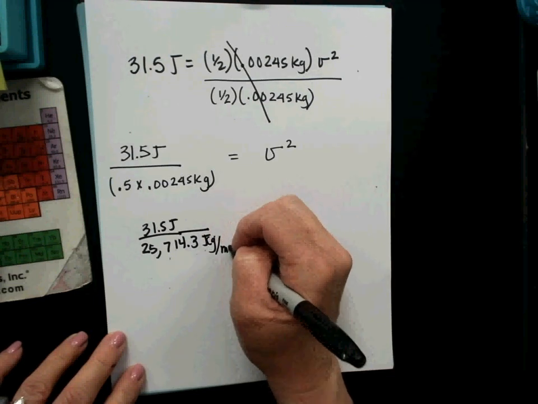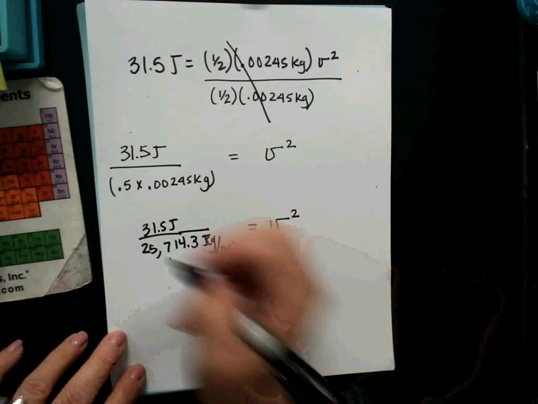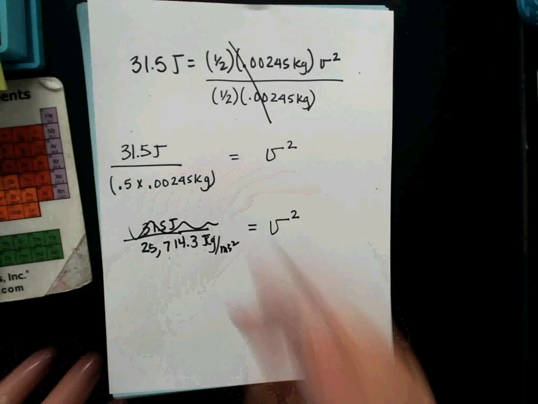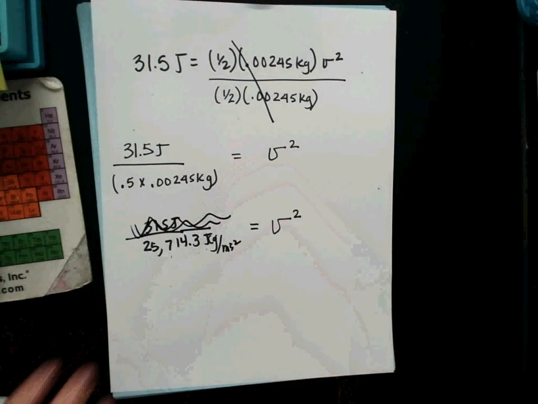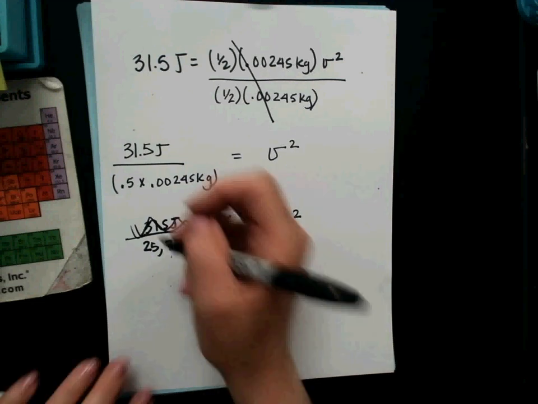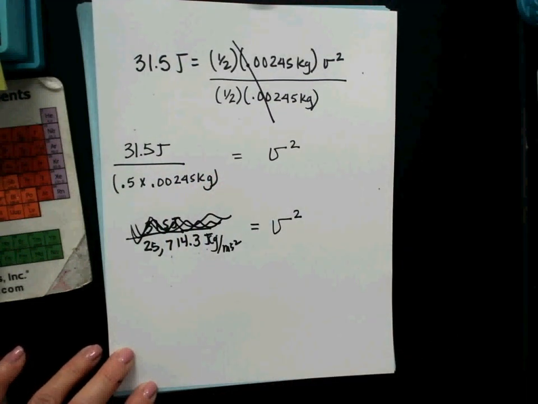This should be under the 31.5. What? Oh, no, no, no. I divided already. I don't know why I carried that down. So that equals V squared.